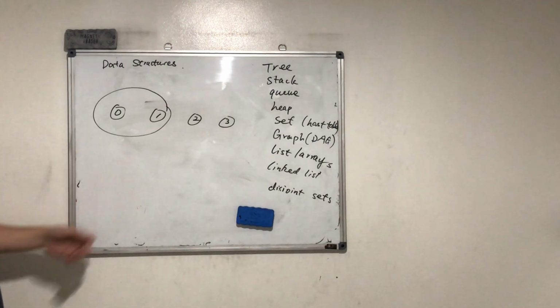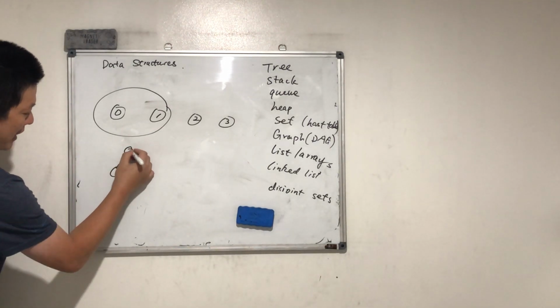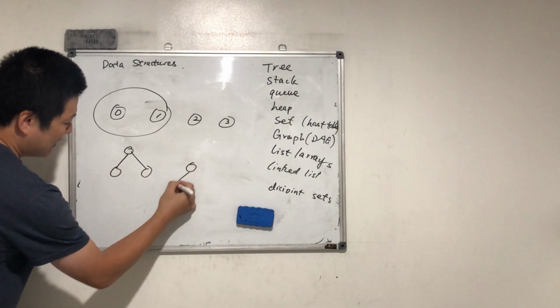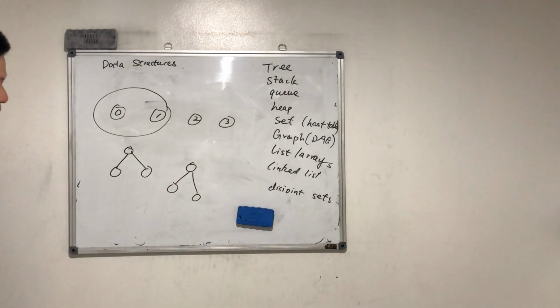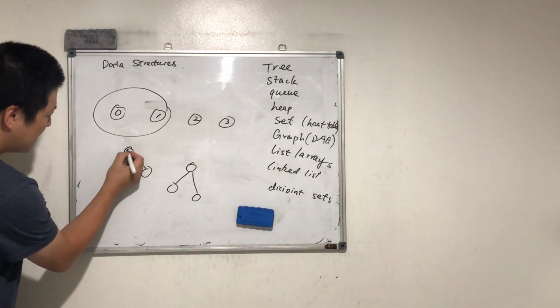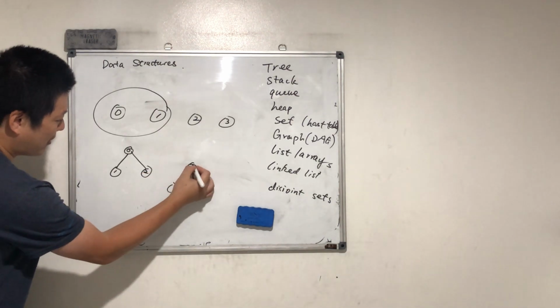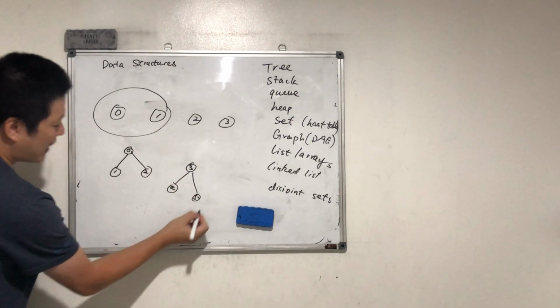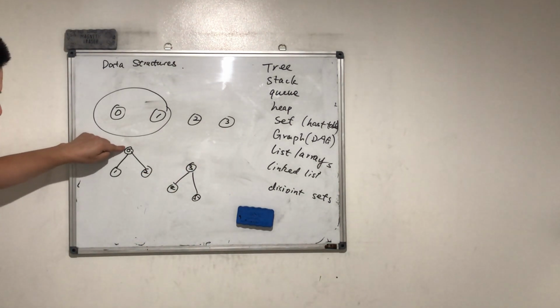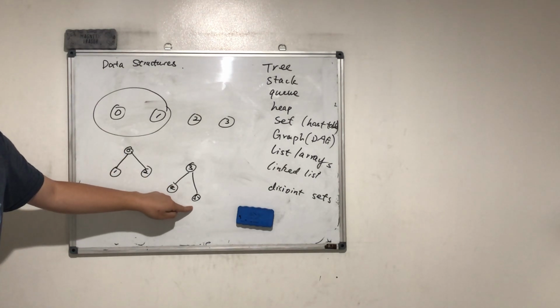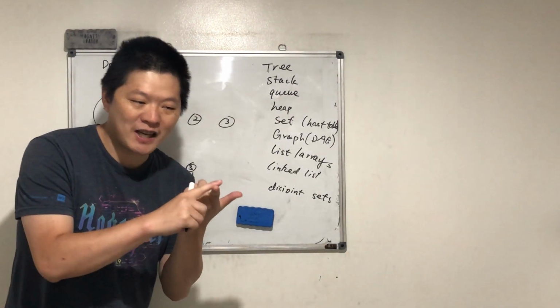Remember we have these? A few days ago we talked about this. We want to find out if there is a path from 0 to 5.